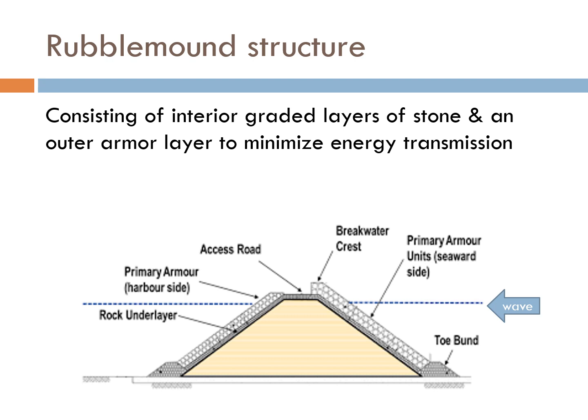Right now, let's focus on the rubble mound type of structure, which consists of interior graded layers of stone and an outer armor layer to minimize transmission and to maximize wave energy dissipation. The figure here shows an example of a cross-section of a rubble mound type structure.